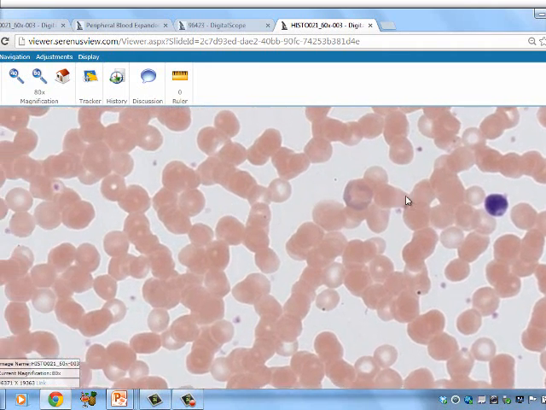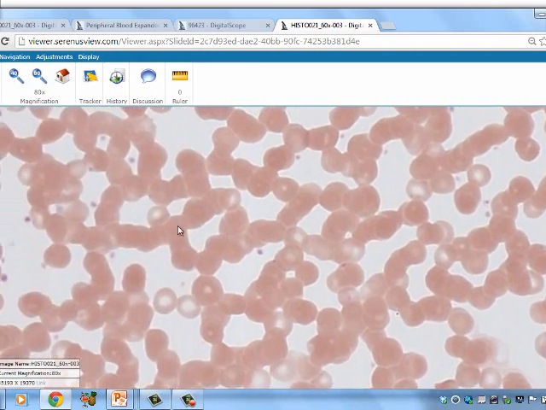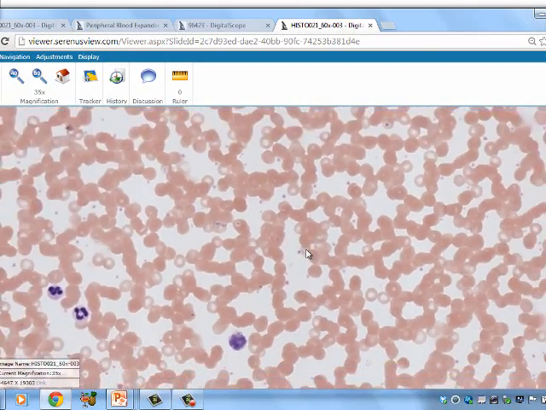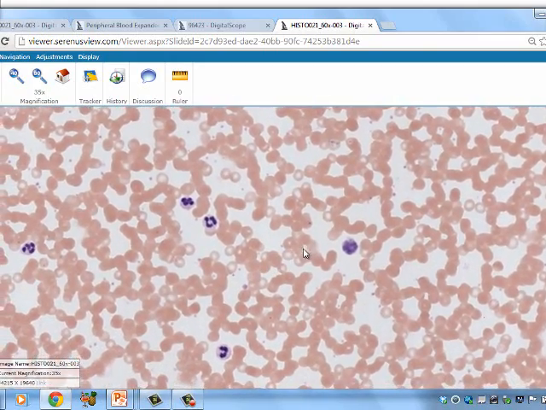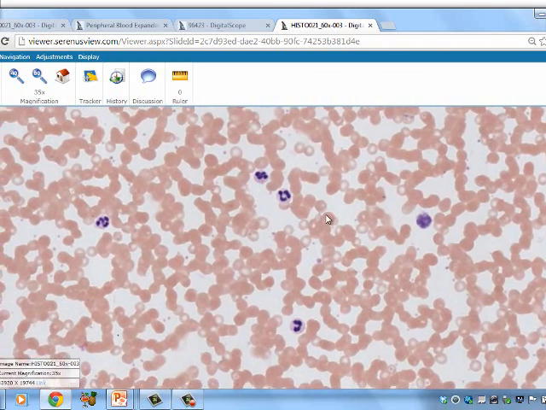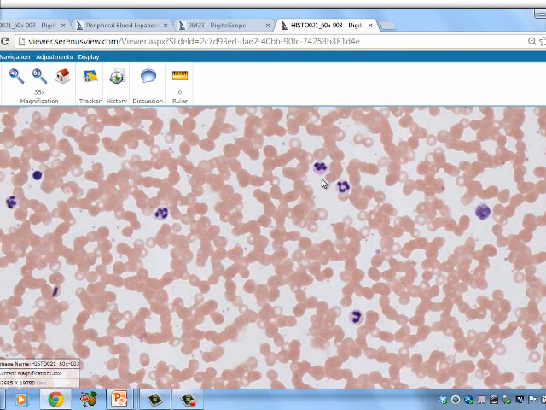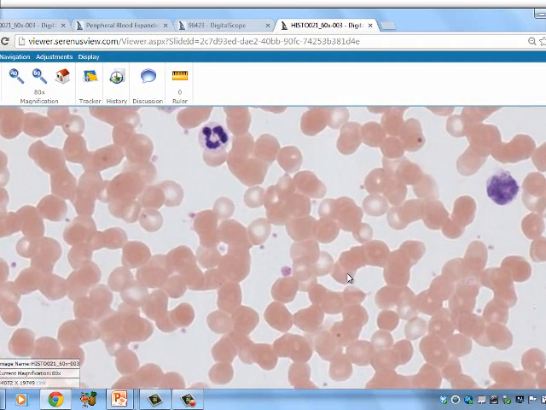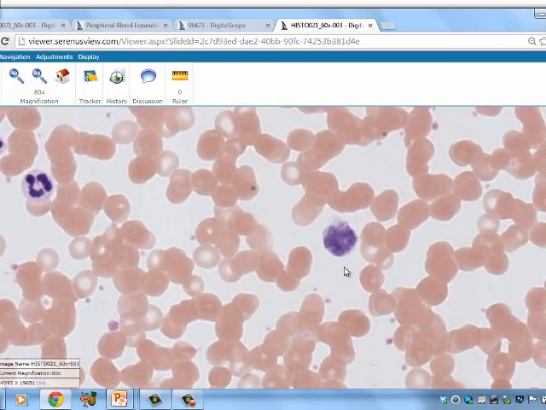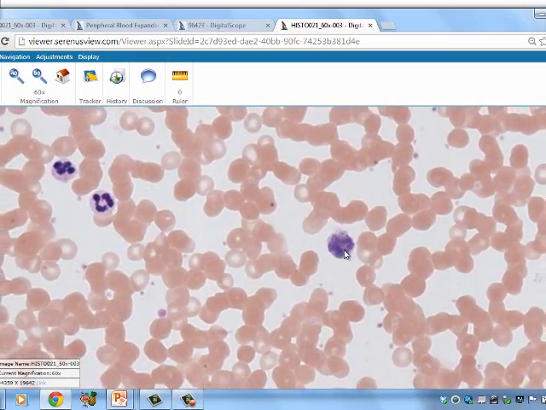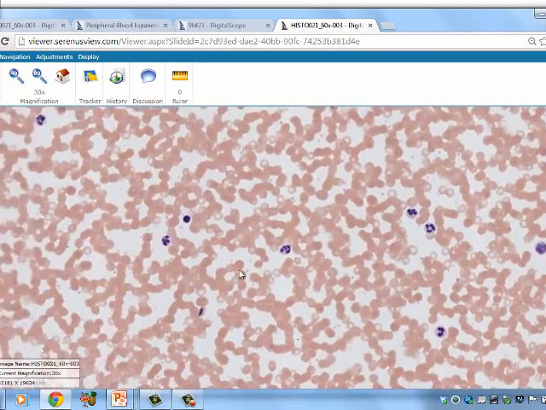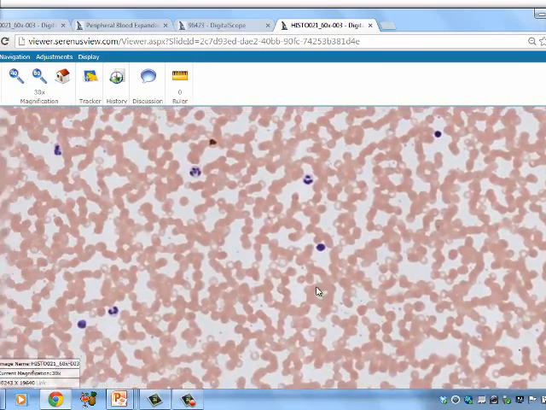So if we click and drag, we can see some cells here, and we can look at these cells. As we said, most of the cells we're going to see will be neutrophils. So neutrophil here, here, here, here, here. There's a lymphocyte, and there, I'm not sure, that is possibly a basophil. We wouldn't expect to see that many basophils.